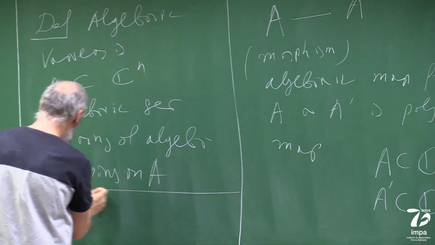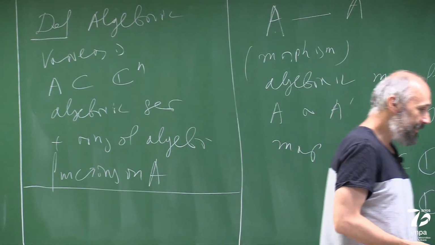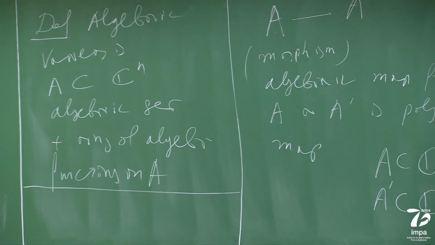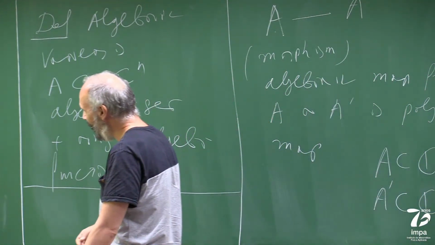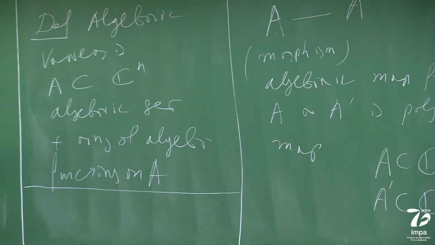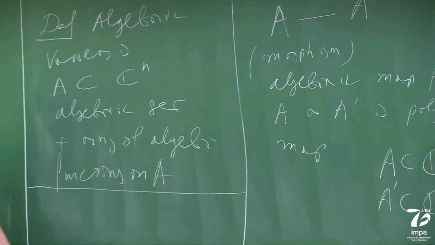It's not interesting to fix an embedding into Cn. It makes very little sense, because then you want to take things like products, and keeping track of the embedding into Cn is always bad.